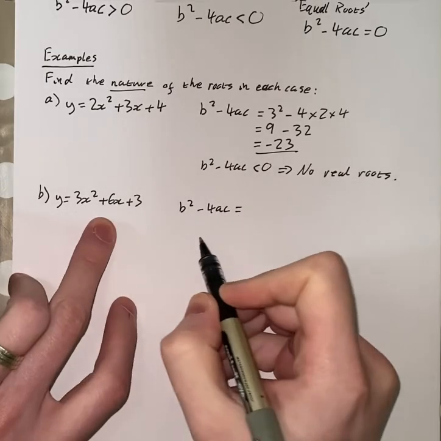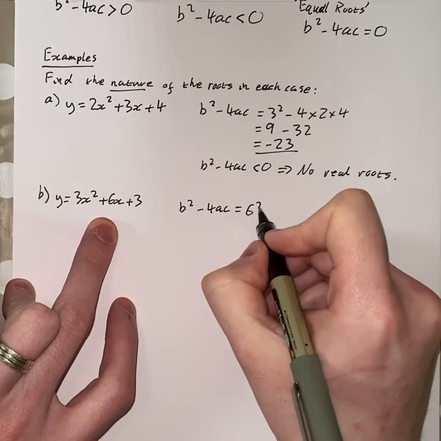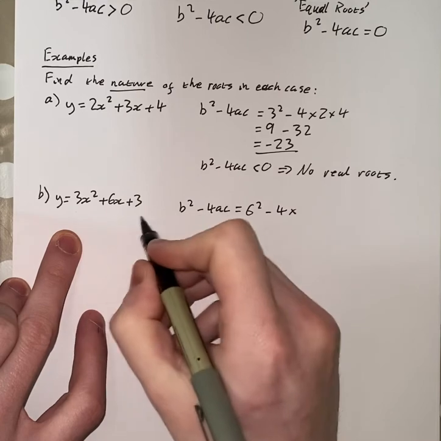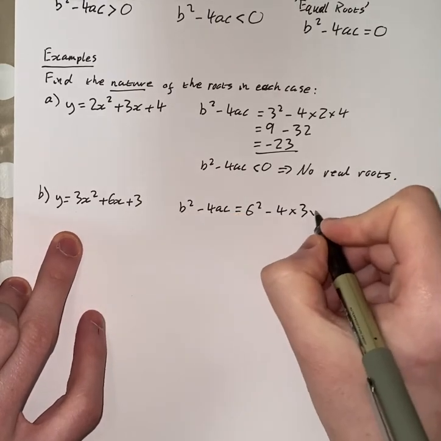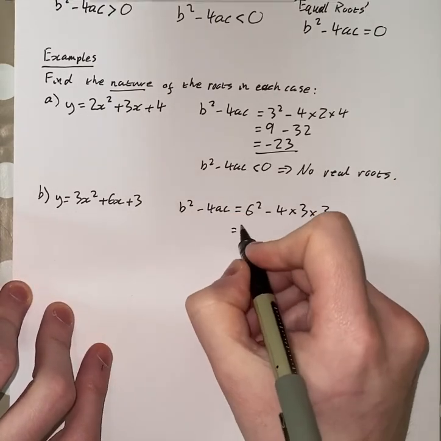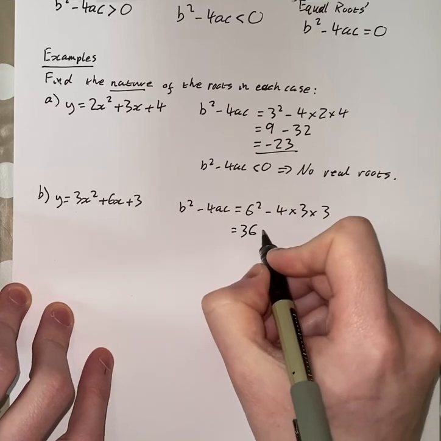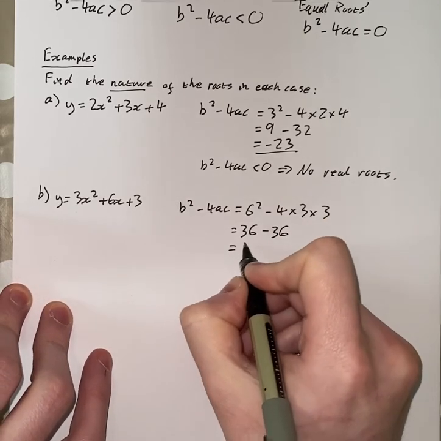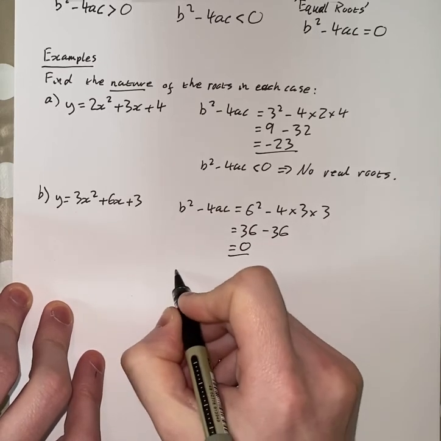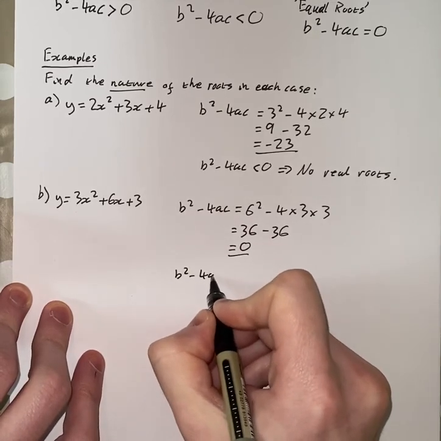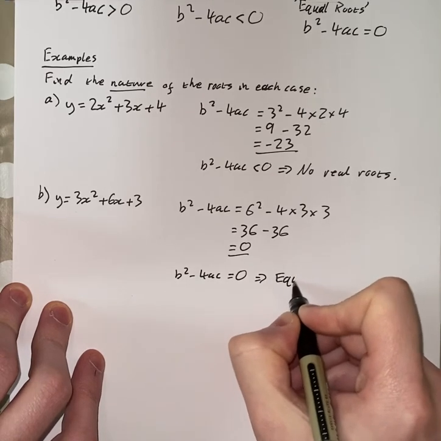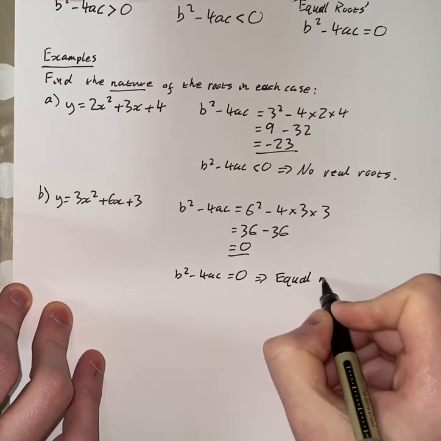In this case, b is 6, so 6 squared minus 4 times 3 times 3, as a and c are both 3. 6 squared is 36, 4 times 3 is 12, times 3 is also 36. That gives us 0, so b squared minus 4ac is equal to 0, therefore equal roots.